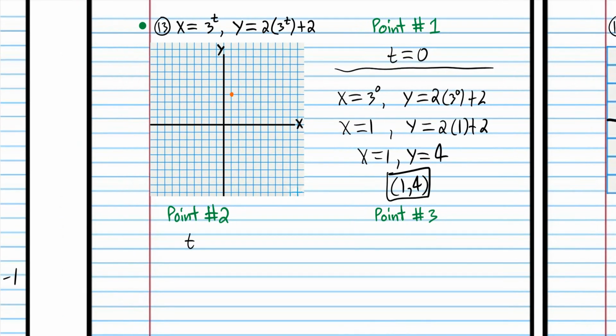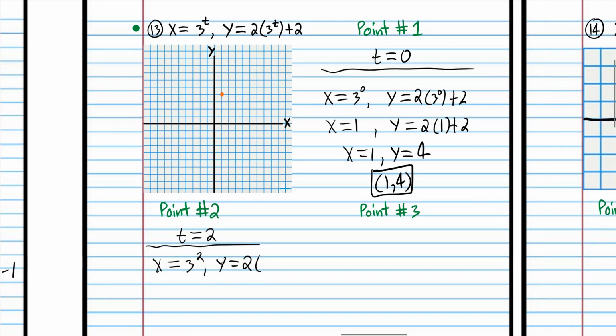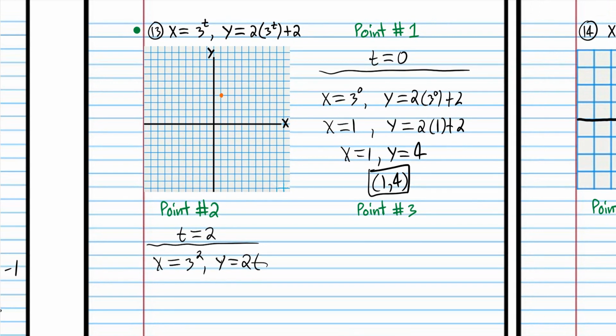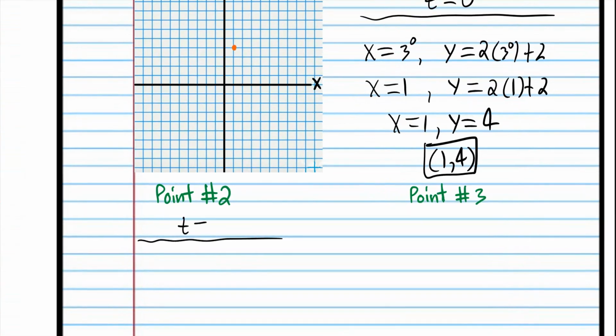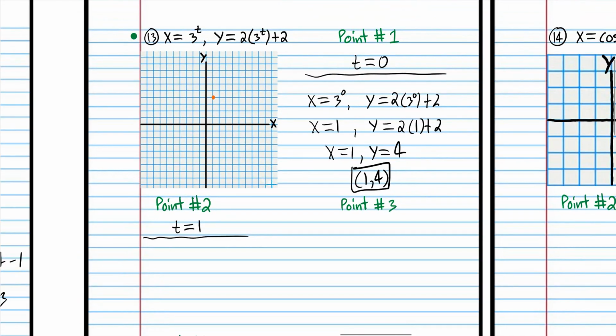And now let's try t is equal to 2. So then x is equal to 3 to the second power. Y is equal to 2 times, and I just realized that that's going to be way too big, so we can't choose 2 for t. Let's choose 1.